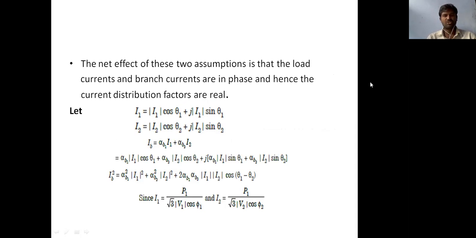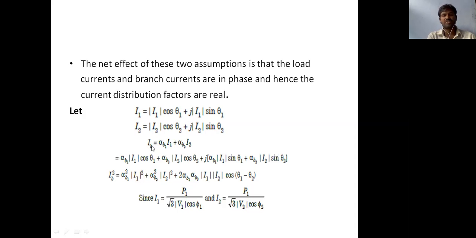Let I1 equal I1 cos theta 1 plus j I1 sin theta 1, the polar form, and I2 equal I2 cos theta 2 plus j I2 sin theta 2. These I1 and I2 values are substituted in the above equation.